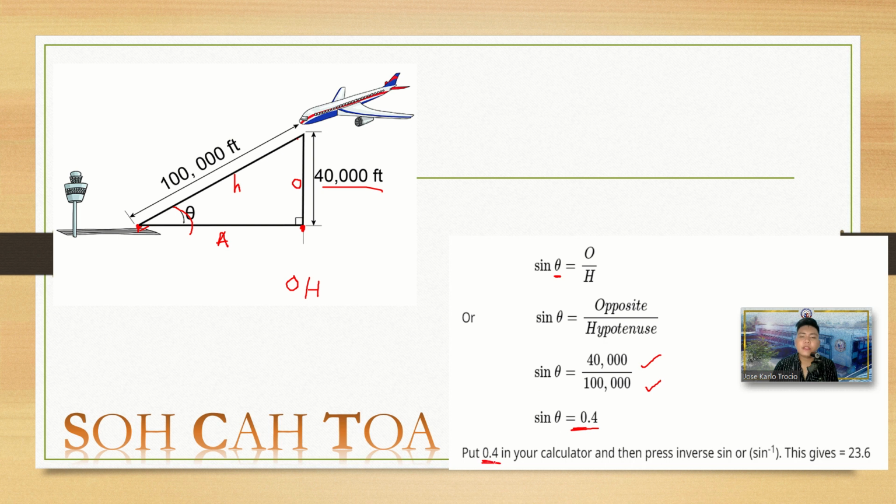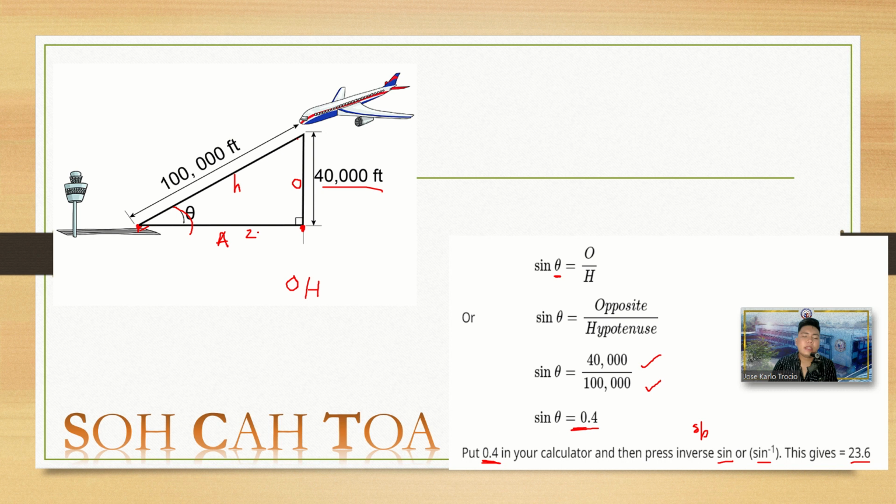Type the answer 0.4 and then press shift, then click sine, and that will become sine to the power of -1, and click enter. That answer is 23.6.